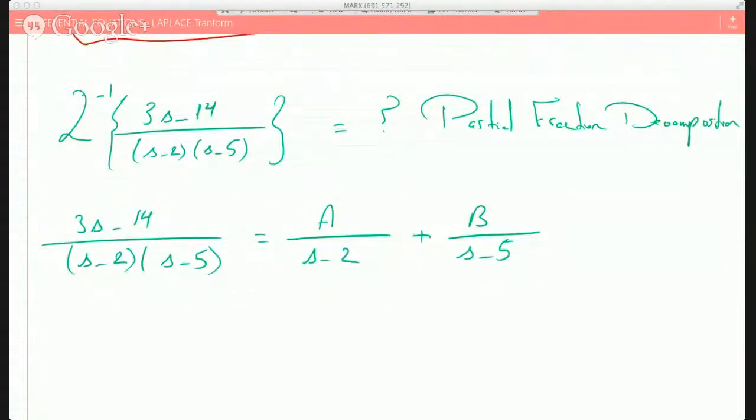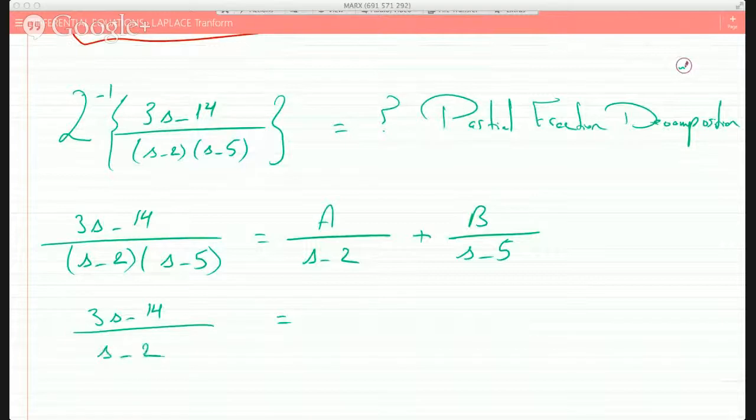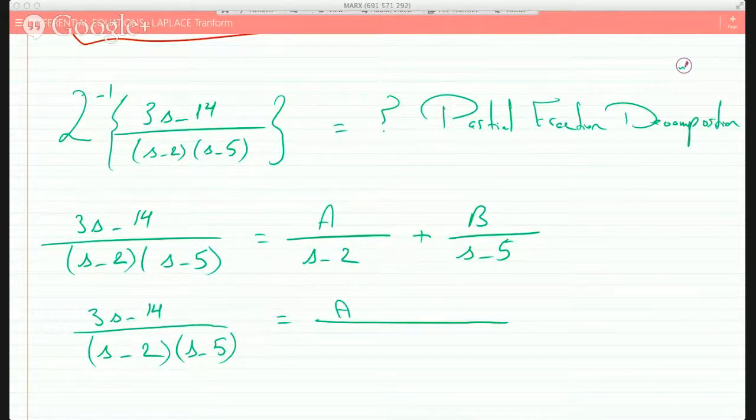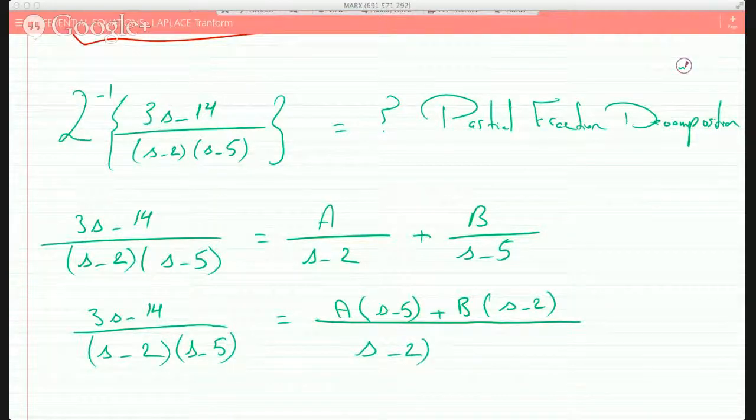And now I can take a common denominator between these two. A gets multiplied by what it doesn't have, s - 5, and B gets multiplied by what it doesn't have, s - 2, over the same denominator.